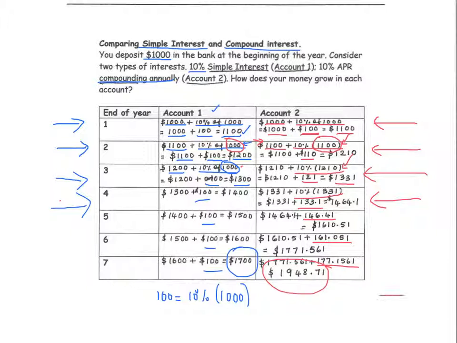So money grows faster in a compound interest account, because we are earning interest not only on the first deposit that we make, but also on the interest that gets accrued over a period of time. Now, when we do calculations, you'll see on the next page that we do not have to go through all these steps. There are certain formulas that we can use.